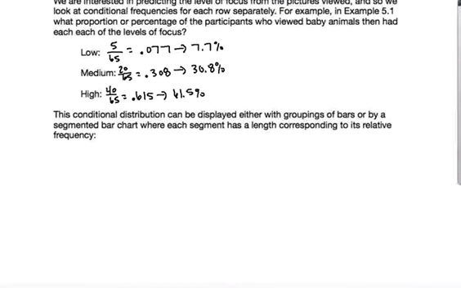This conditional distribution can be displayed either with groupings of bars or by segmented bar charts where each segment has a length corresponding to its relative frequency. Let's first do one that's just the bars.